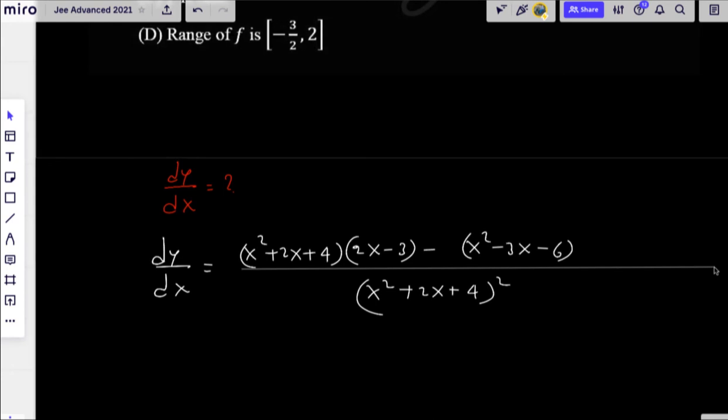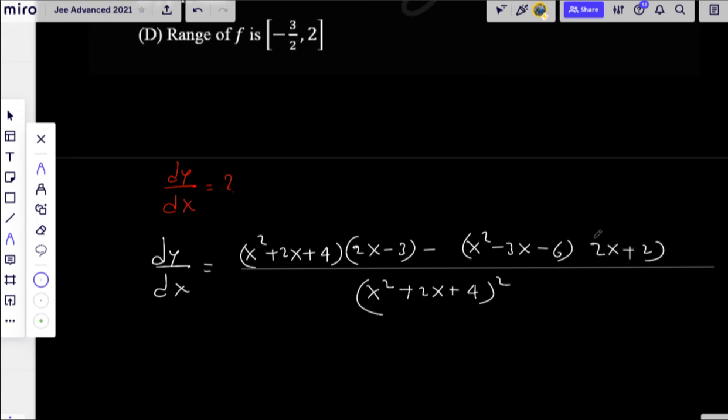And here we have to recall this one also, that is x square plus 2x plus 4, whose derivative is 2x plus 2, no? 2x plus 2, yes. Now, if we recall this, multiply it properly. 2x cube, that is 4x square. Then 8x minus 3x square, minus 3x square, yes, minus 6x minus 12. Now, properly multiply this.